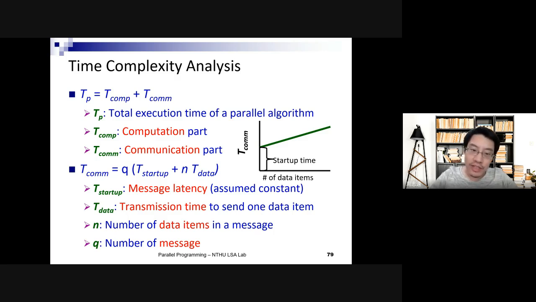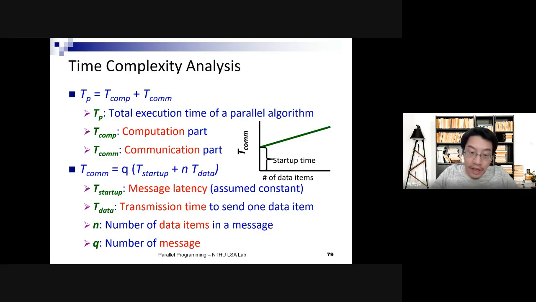So data transfer time can be computed by the number of data items you want to send, and the unit time to transfer a unit data item, right? So we probably all know that already. So that's the simplest model, and we use that to analyze the communication time, at least for this course.